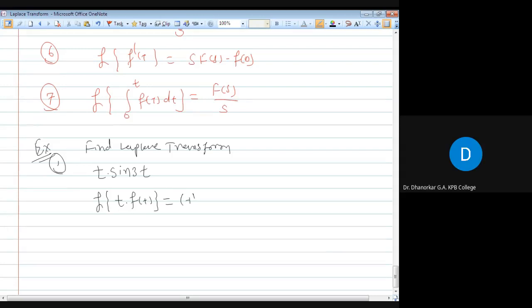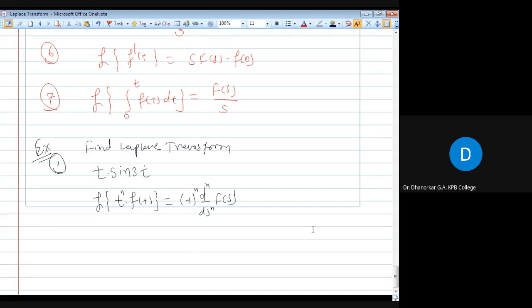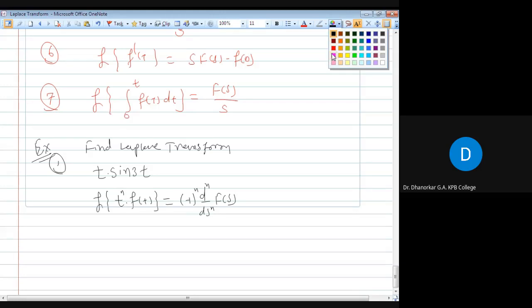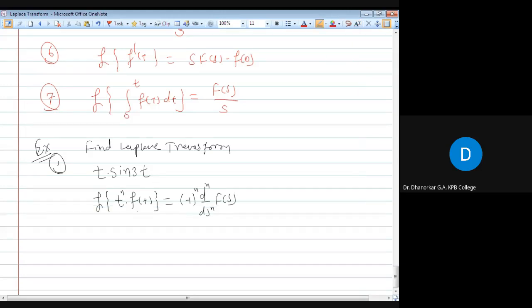What is the formula? Minus 1 into d by ds of F of s, or you can go directly for nth power n. Here n is equal to 1. In this formula, what should we know? We should know the Laplace transform of this function, and the Laplace transform of this function is F of s. And here f of t.